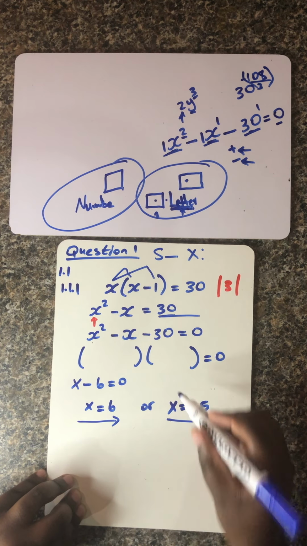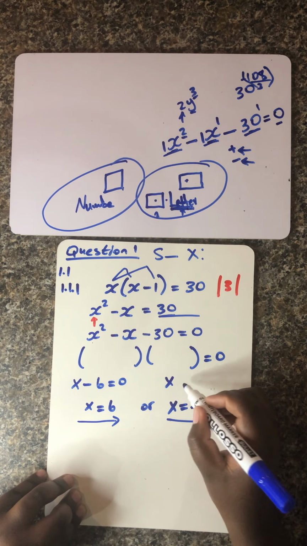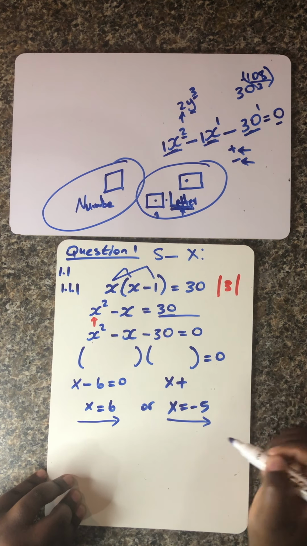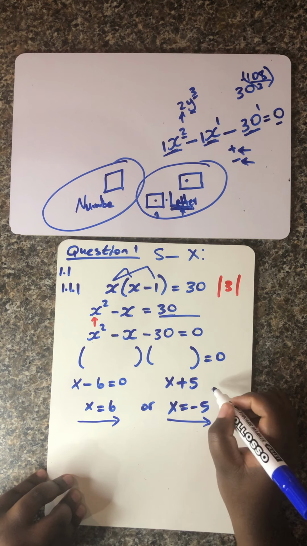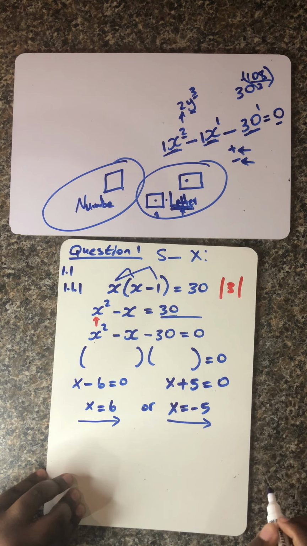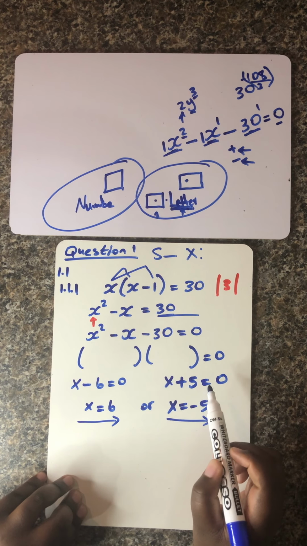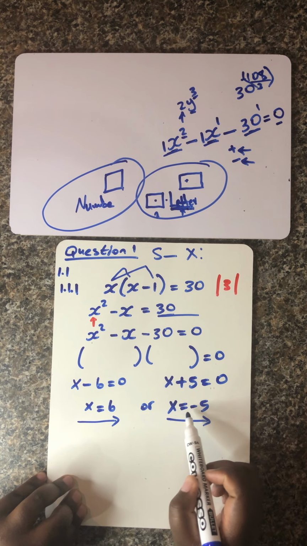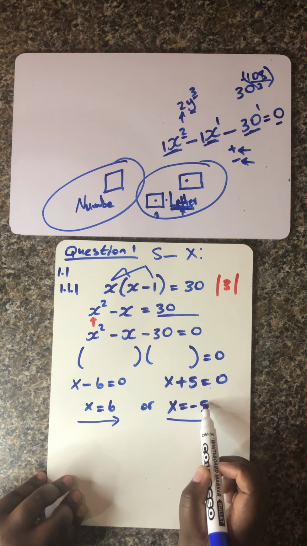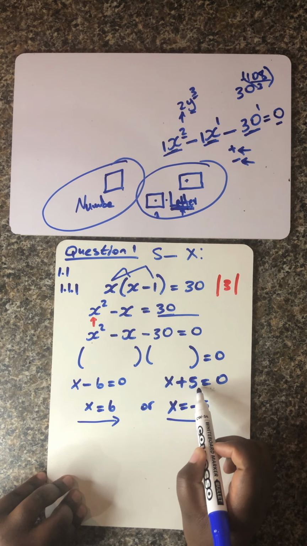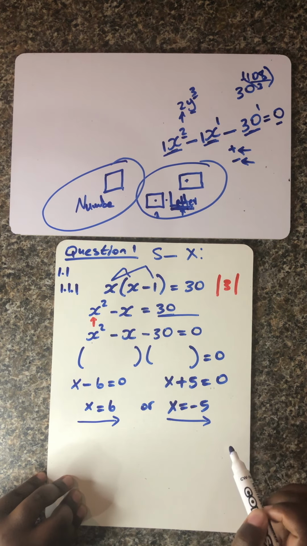You also do the same over there: x, then it must be the opposite sign of the final answer, which is +5, equal to 0. So for x to be equal to -5, it was x plus 5, equal to 0.